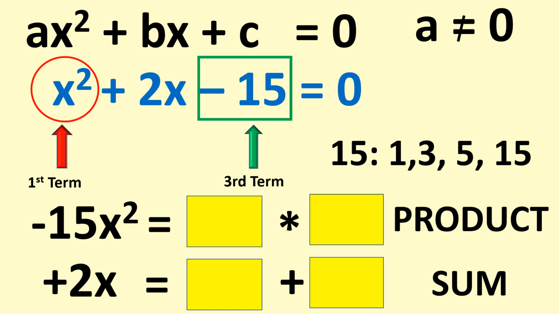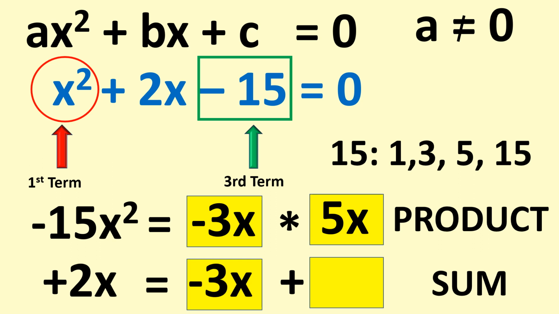Let's see if we use that same minus 3 plus 5, will it give us 2? And that actually solves it. So our minus 3 and our 5, if we multiply them together, so minus 3x times 5x gives us minus 15x squared.